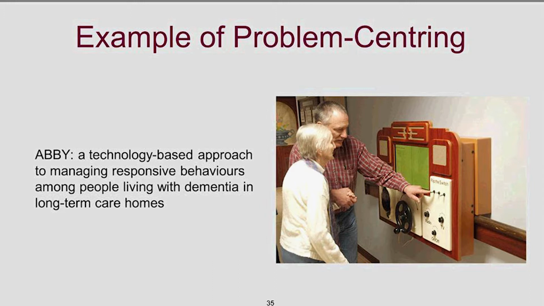Responsive behavior ranges from restlessness and agitation to verbal and physical aggression. They were trying to understand what meaningful activities could be provided to dementia patients, and working with the staff and the experts in this area to design something that is essentially an intervention.